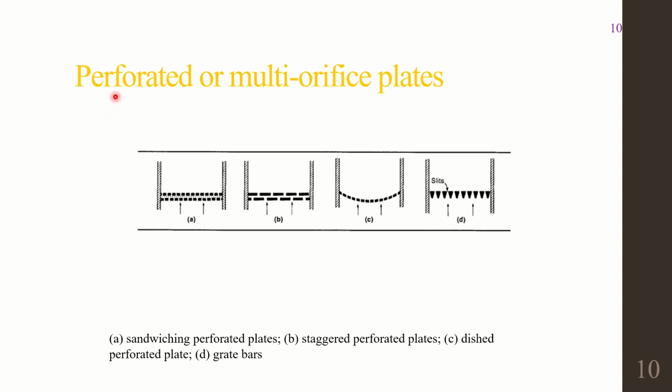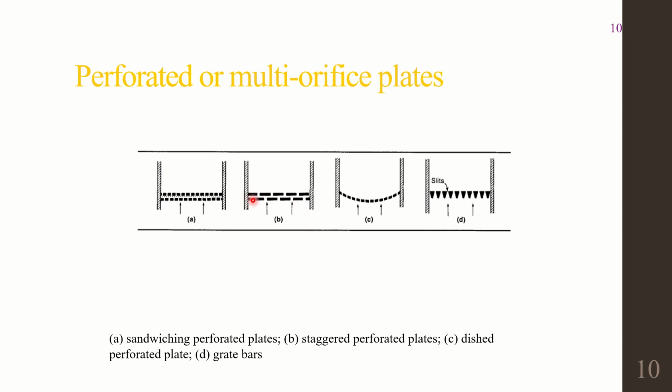First, we have the perforated or multi-orifice plates. This is like sandwiching perforated plates. We have two metal plates, and in between we have a sandwich, straight. This is normally used, and this one is a staggered perforated plate.